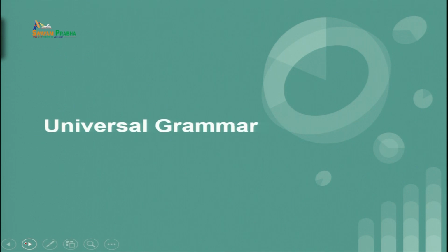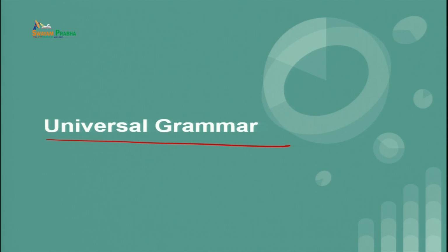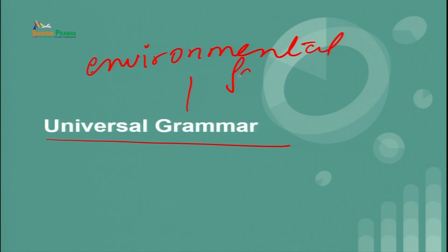Now, coming to the point which is mentioned here as universal grammar. This is an important notion which was given by Professor Noam Chomsky, and Chomsky said that environmental factors must be relatively unimportant. So, here I am writing environmental factors are unimportant.